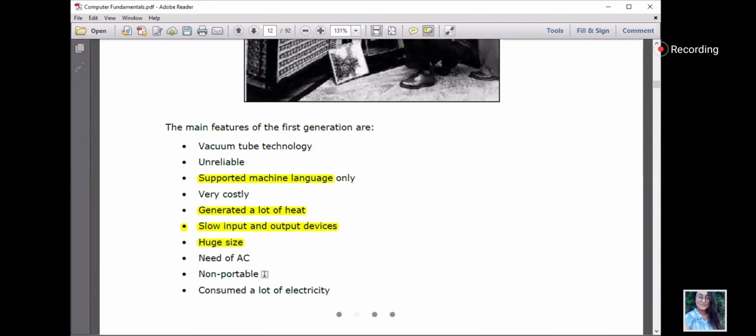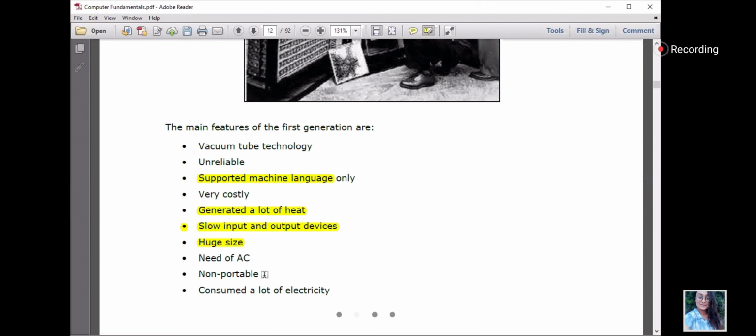So it supported machine language only. Computers actually don't understand our own language. Nowadays, whenever I'm typing something, it is first converted into machine level language. Now, what is machine language? Computers understand everything in binary. It understands either 1 or 0.